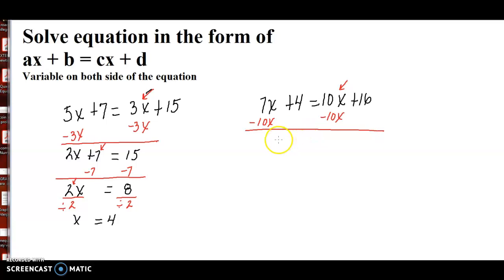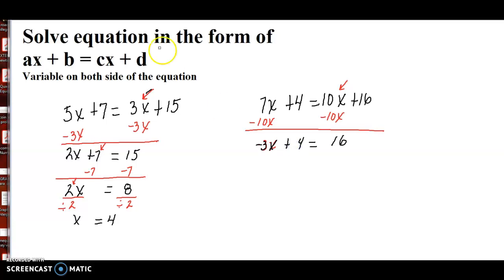When I do that, I get a negative 3x plus 4 is equal to, and the only thing left on the right-hand side is 16 now.